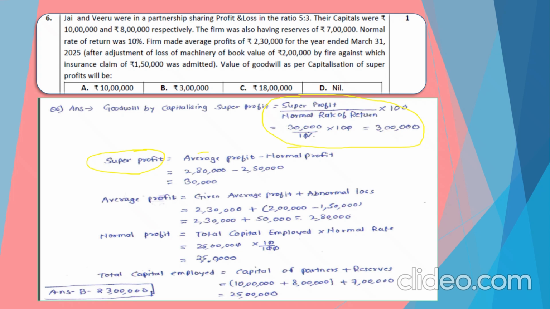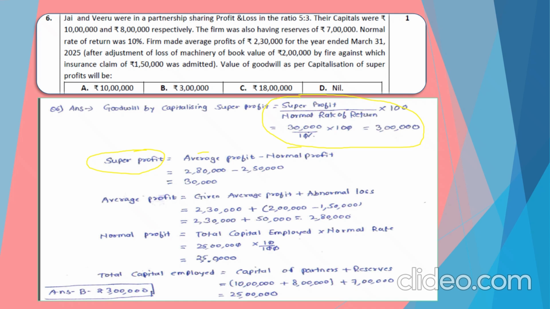So now the average profit they have given you in the question is 2,30,000. But for that they have given an adjustment: you have a loss from machinery which is 2 lakh, the fire cost, and you got an insurance claim for 1,50,000.